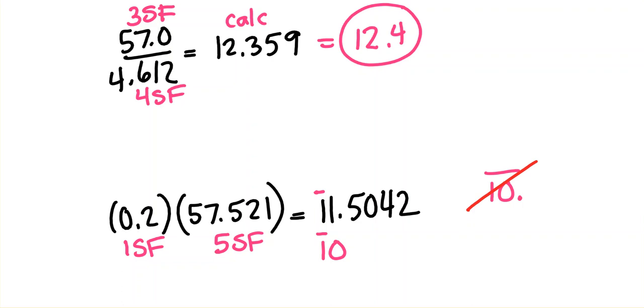Does this round up? No, it doesn't round up. This digit would round up, but that one doesn't. So that is the correct answer. I could also, if I wanted, write this in scientific notation as an option to show that it has just one sig fig.